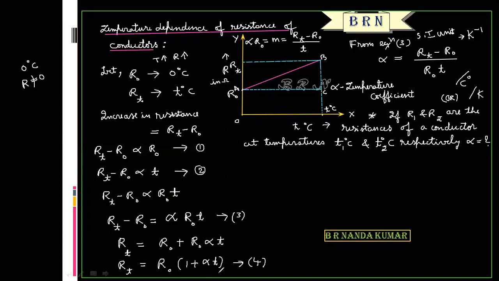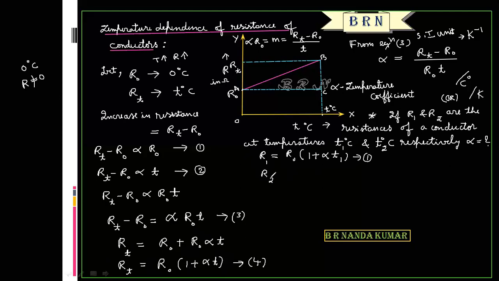By using the formula R_t is equal to R naught (1 plus alpha t), the R1 value is written as R naught (1 plus alpha T1). Call this equation number 1.